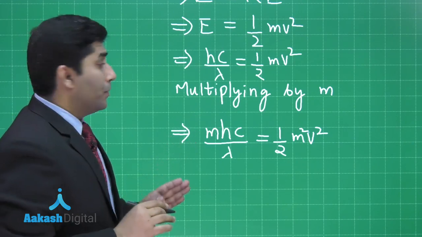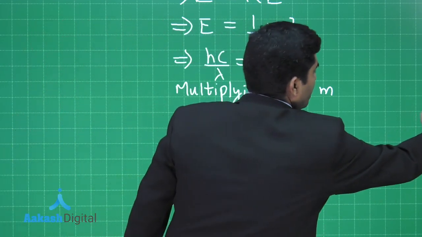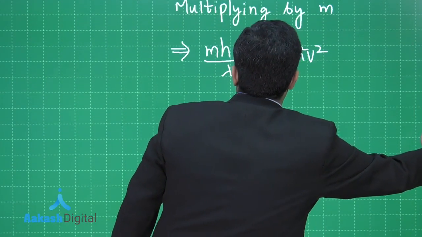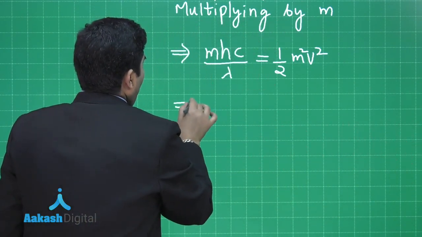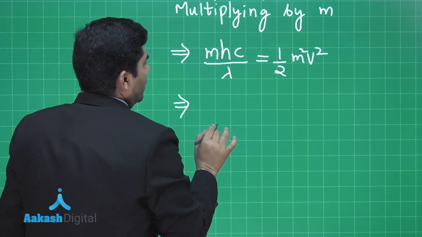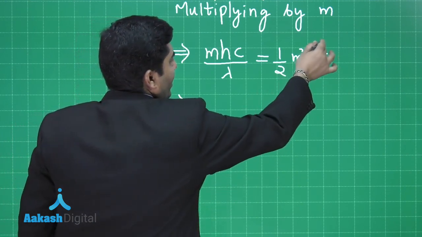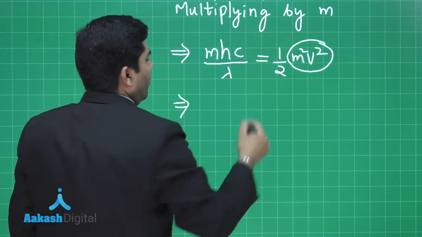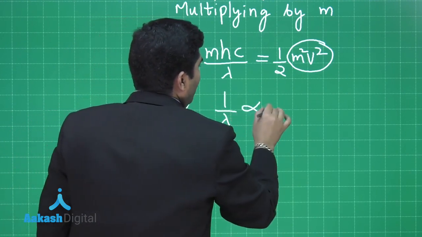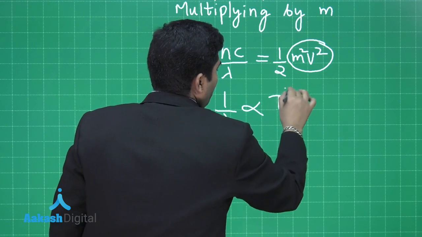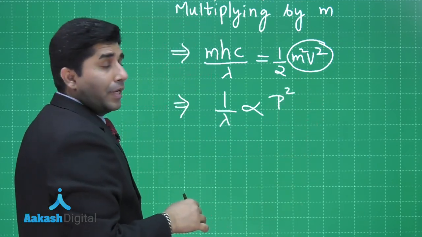So we can say that this is the square of the momentum, and 1 by lambda is directly proportional to p square, right?